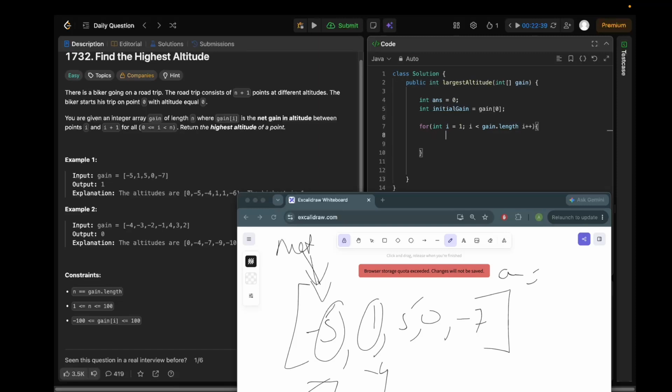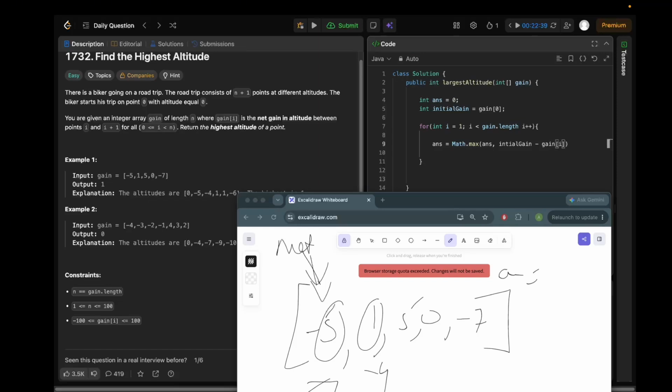For each other value we do answer equals to math dot max of what? Of answer comma initial gain minus gain bracket i, right?